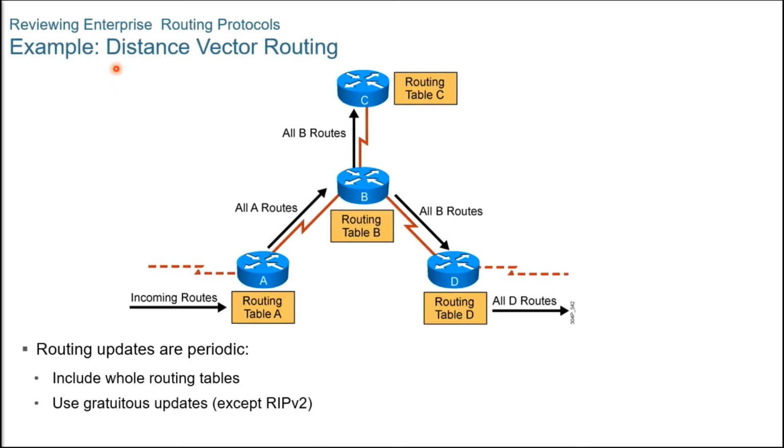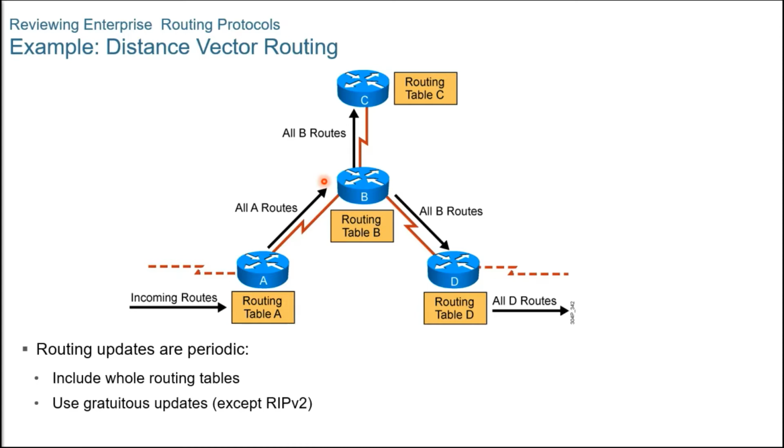Now let's focus on the distance vector protocol. In distance vector protocol, routing decisions are made on a hop by hop basis. Each router relies on its neighbor routers to make the correct routing decision. So the router passes only the results of this decision, which is its routing table, to its neighbors.